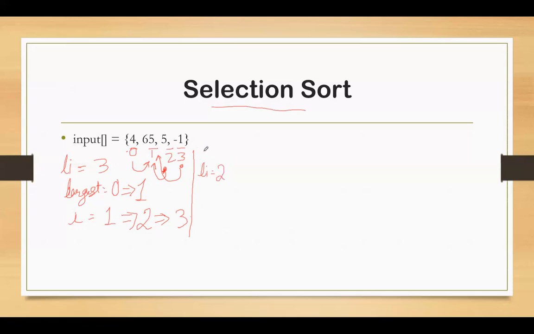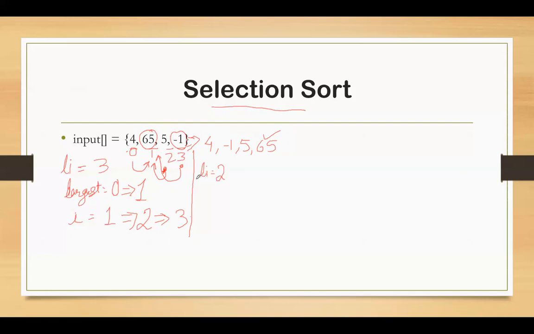And before that we will swap the last element index with the largest index. So the new input array will become 4, minus 1, 5 and 65. We observe that the biggest element has taken the last index.